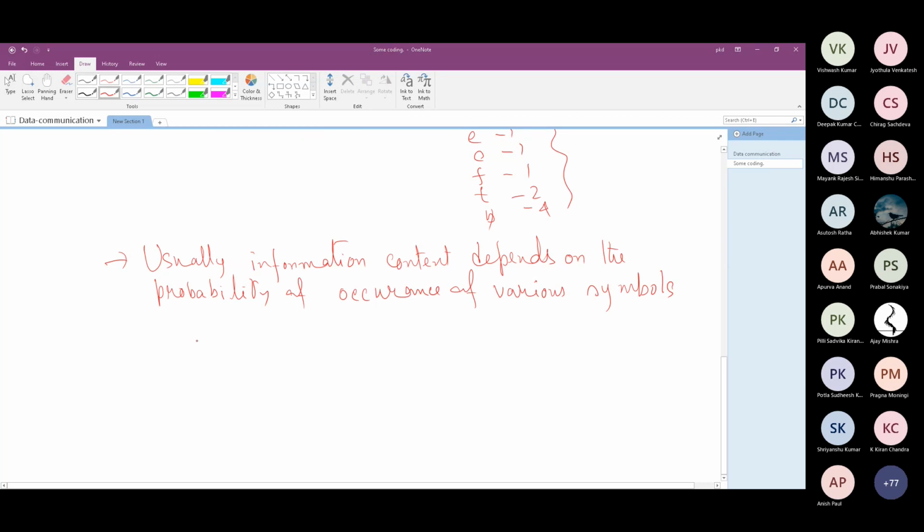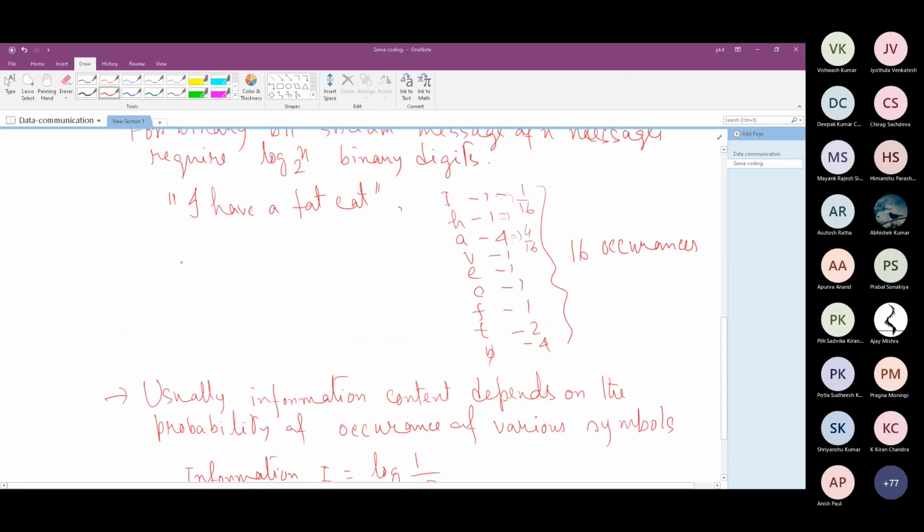The information I in general of any signal or any message or any event is usually inverse to the probability, so that the more probable an event, there is less information.